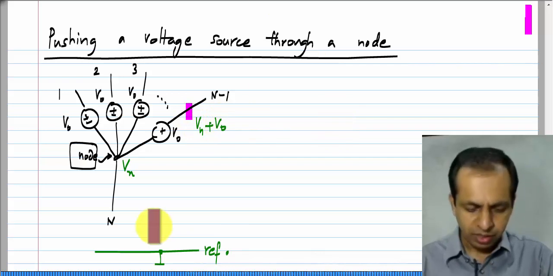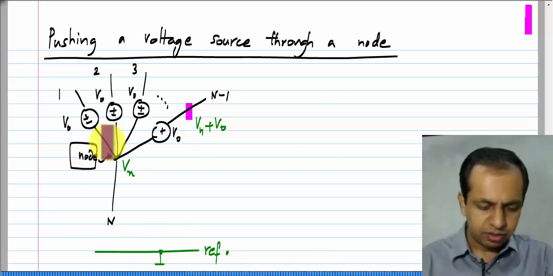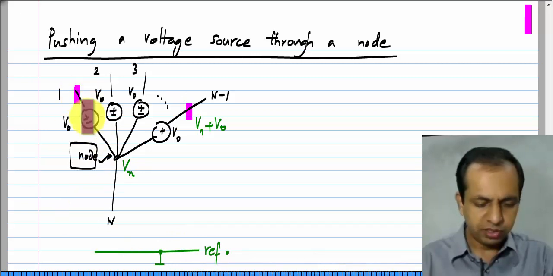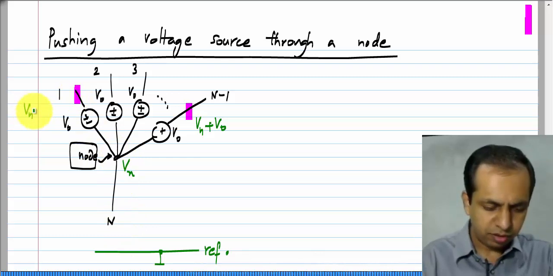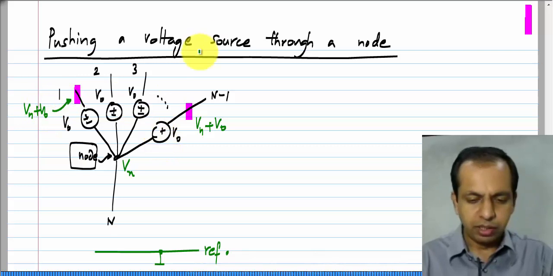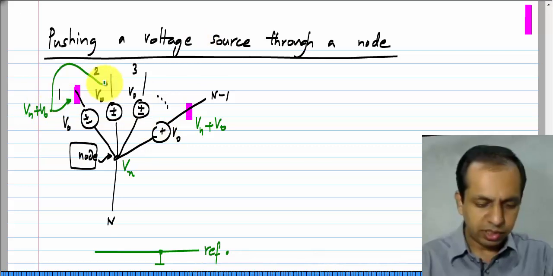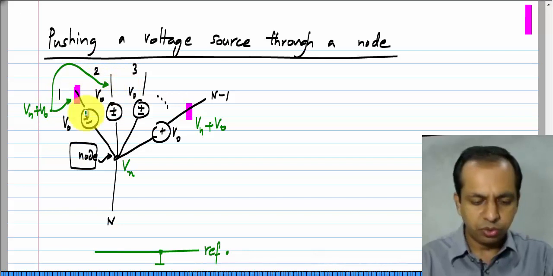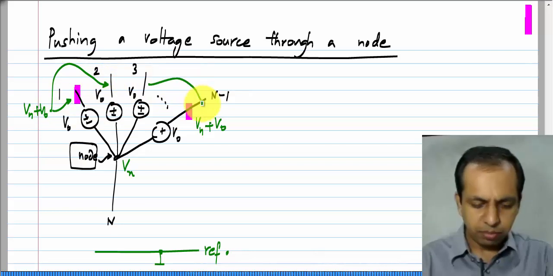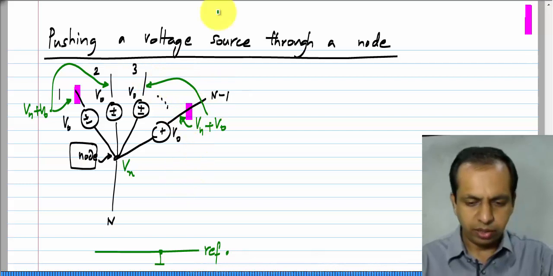And then let us look at this particular node over here on the first branch. What is that voltage? It is again V n plus V naught. And similarly, you see that the voltages at all these points after the voltage source are exactly the same and equal to V n plus V naught.